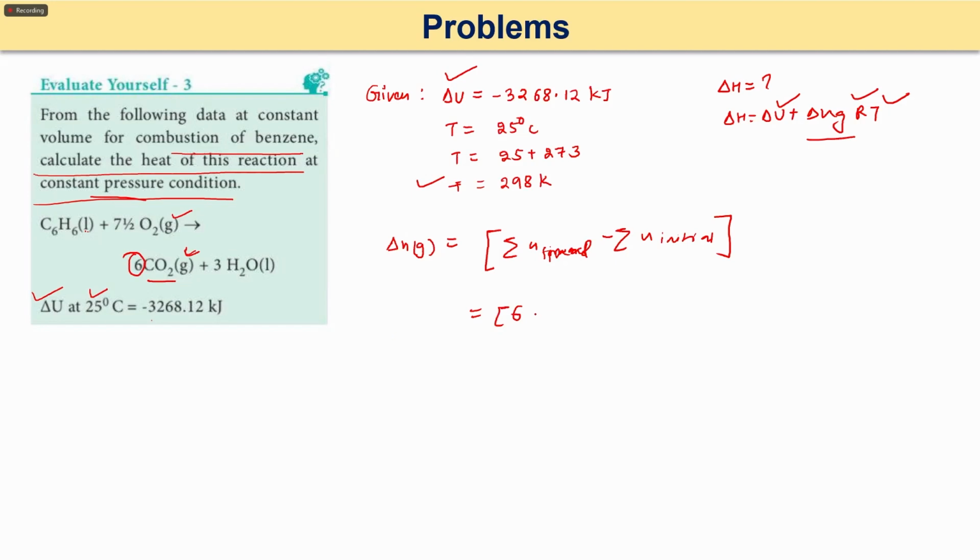So it will be 6 minus, here on the reactant side, your gaseous species is oxygen and its moles are 7 into 1 by 2, which is nothing but 3.5. Okay, 7 into 1 by 2 is nothing but 3.5. So if you solve this, you will get 2.5. Okay, so your delta Ng here is 2.5.